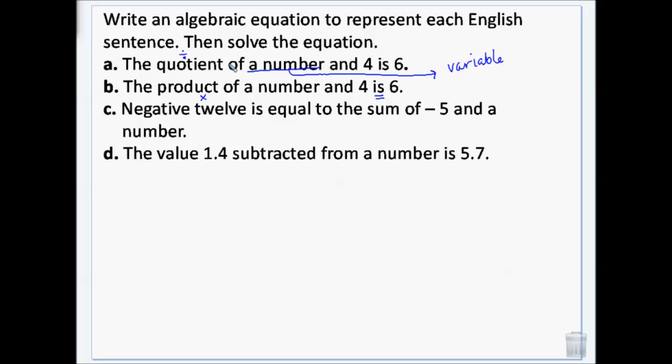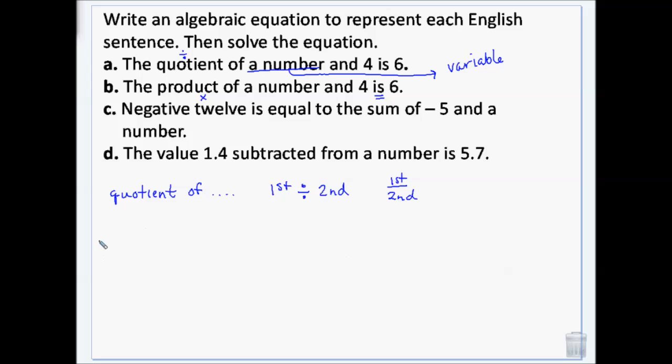Okay, so the quotient of a number and 4 is 6. Whenever it says quotient of, and then some other stuff, that means the first thing divided by the second thing, or the first over the second.